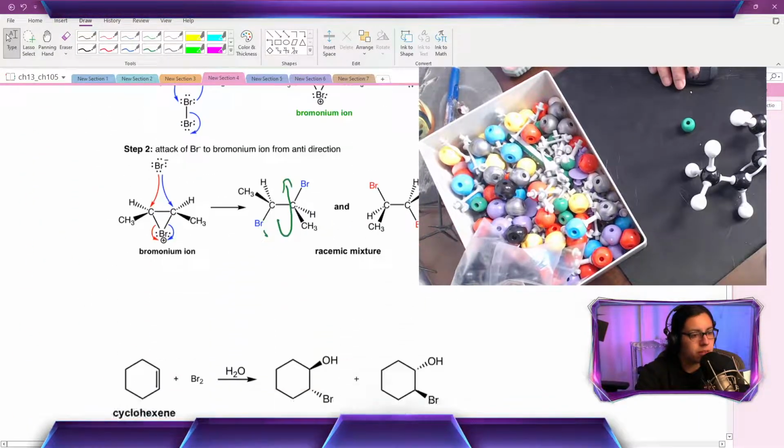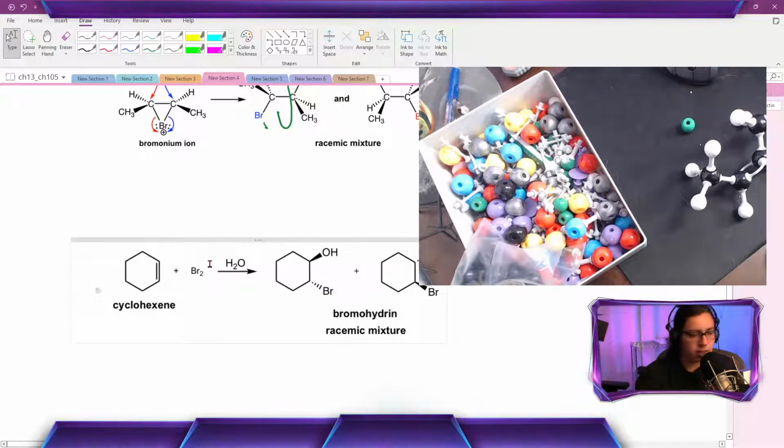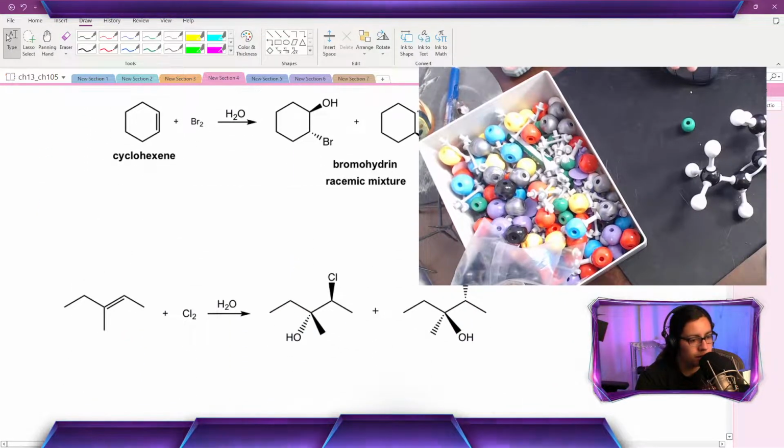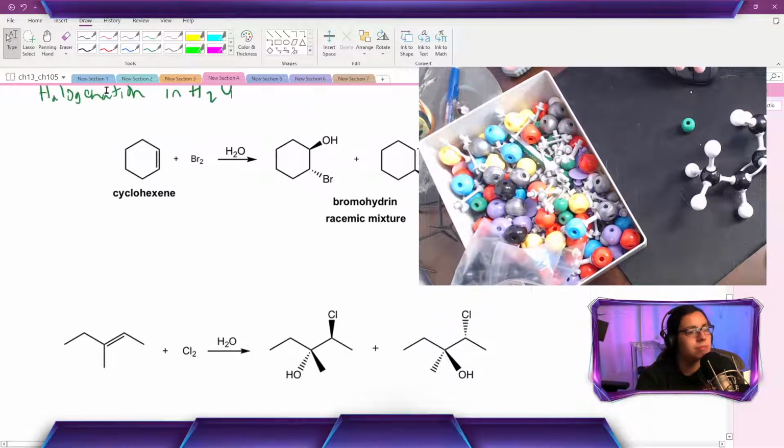But what happens if you did this halogenation reaction in the presence of water? So this is halogenation in water. So that gives us a different product. So let's understand this.